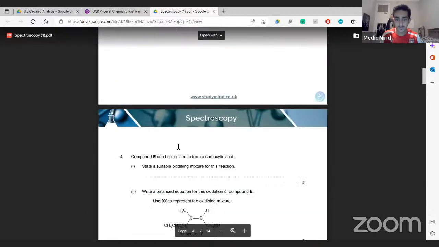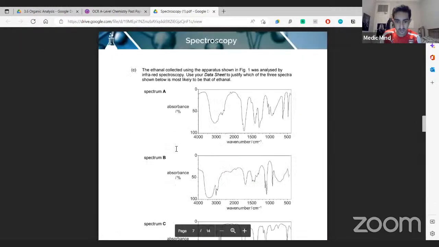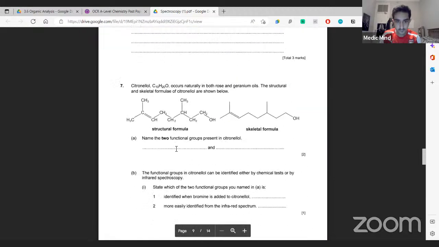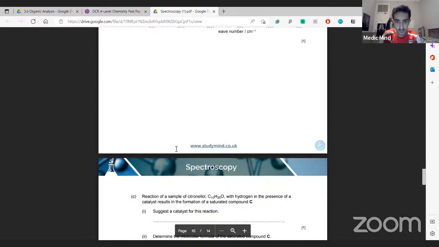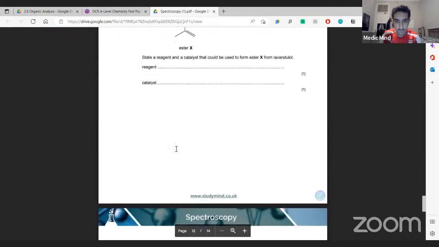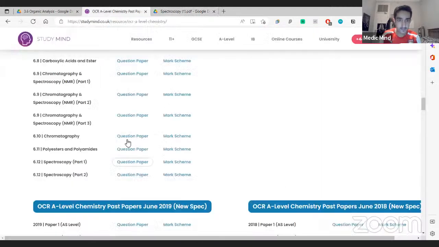Let's do one more long answer question. Maybe let's see if I can find an actual one with spectroscopy on them. Maybe the long marker with spectra. Might be in here.